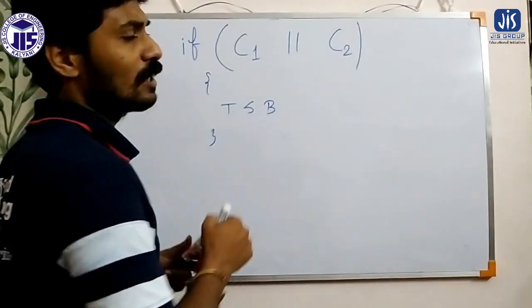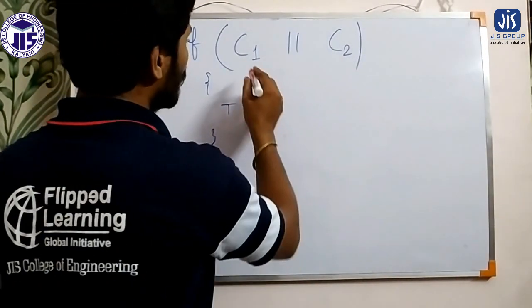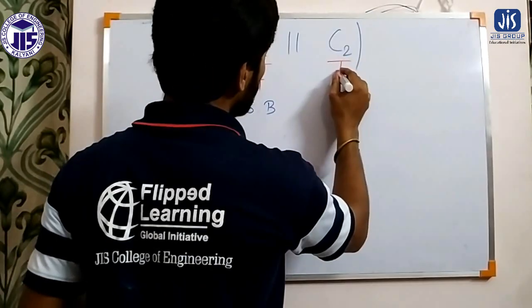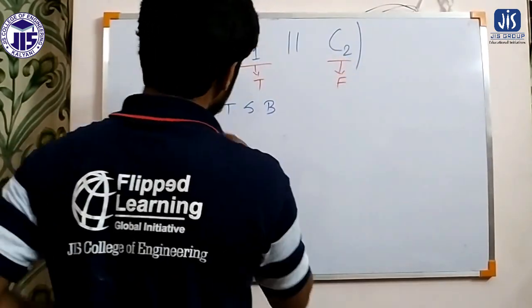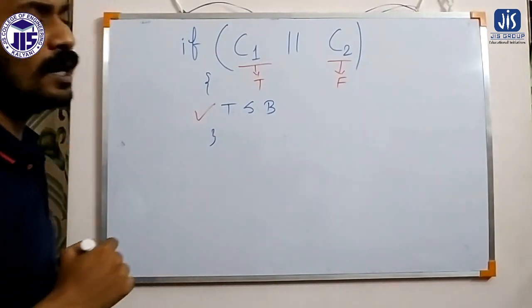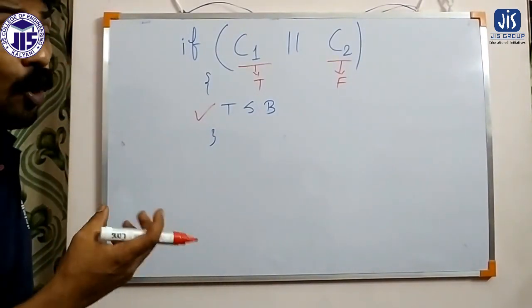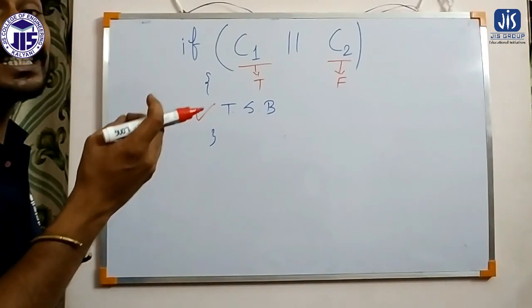For example, if condition 1 is true and condition 2 is false, the true statement block will still execute, which was not possible with logical AND or nested if.